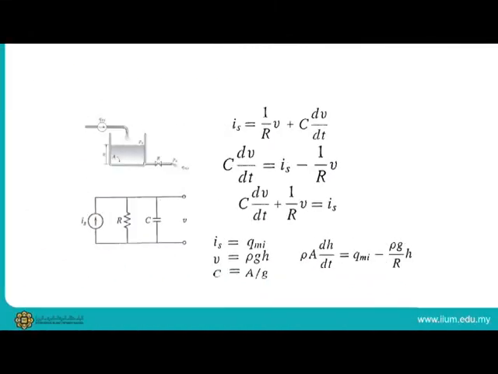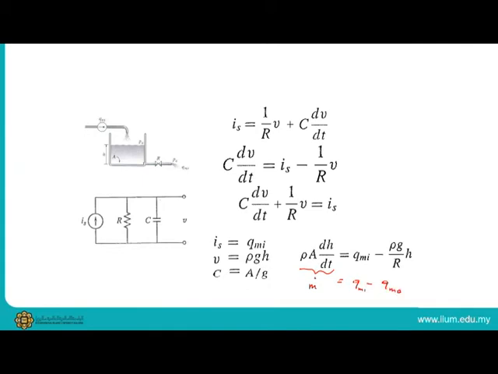Just now we established this equation, right? For the mathematical model, you can represent this using an electrical system as well. This whole part is equal to m dot. This is the Qmi, then this is the Qmo, right?